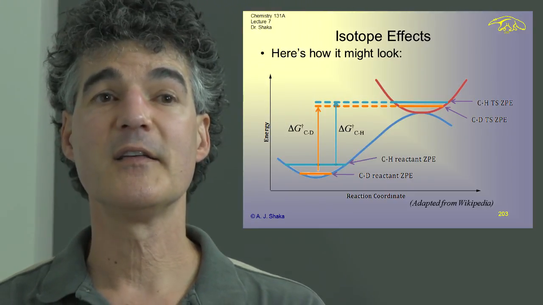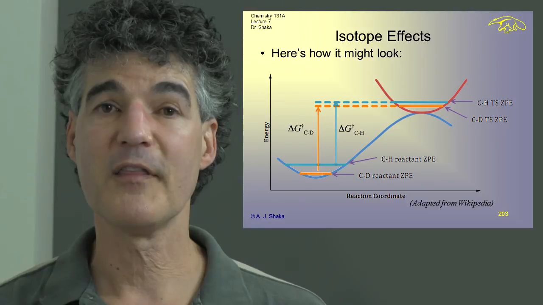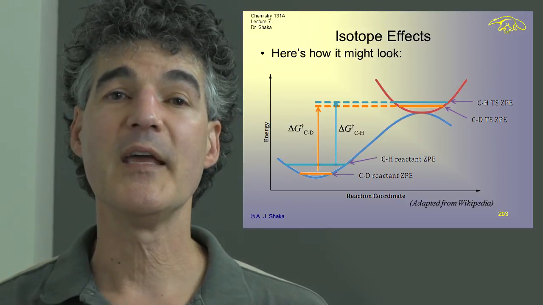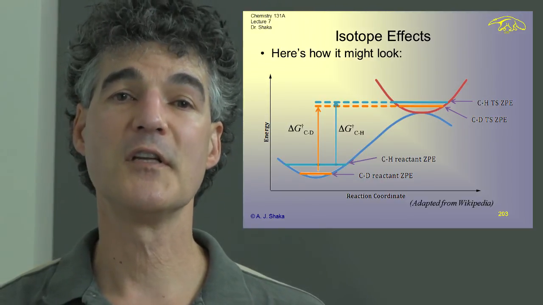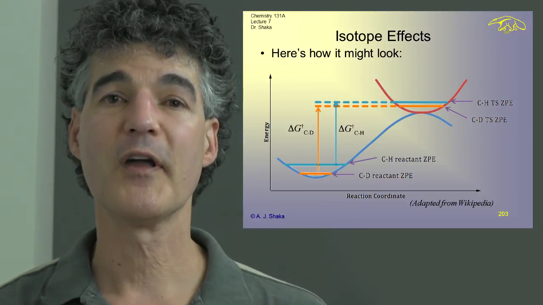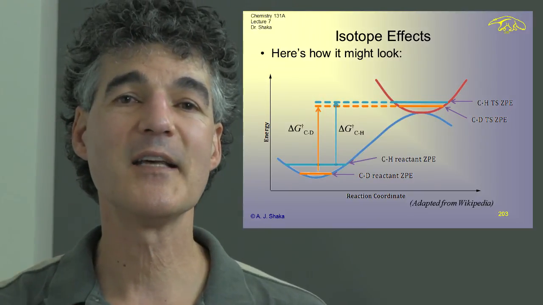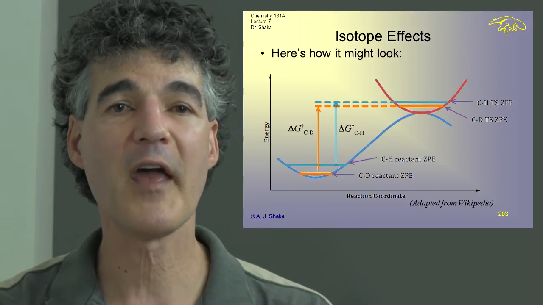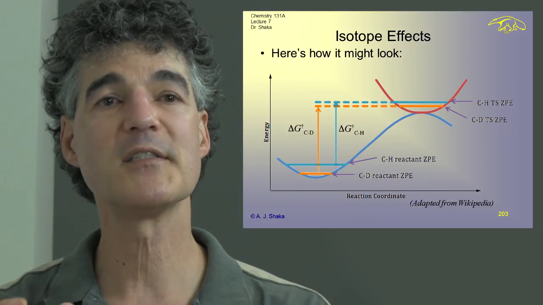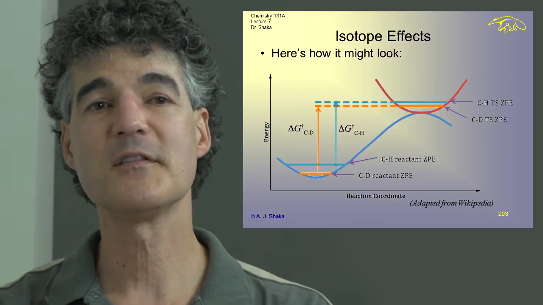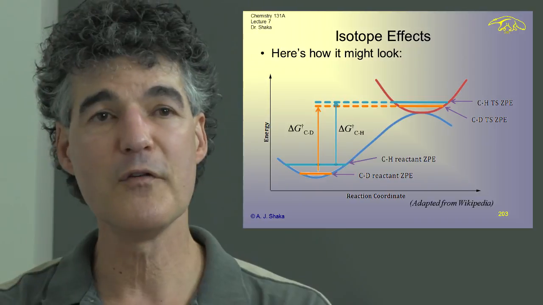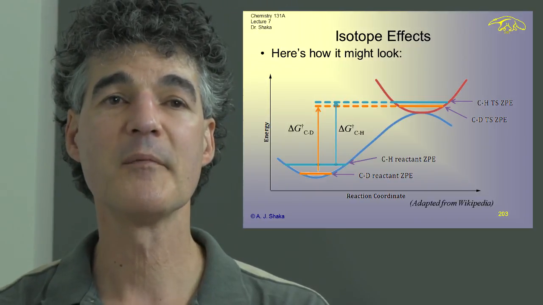In fact, this again seems like a very esoteric thing, but you would be amazed if you go to the enzymology literature and you look, how do I know if this enzyme is breaking this bond or that bond, or what is the rate limiting step for the synthesis of cholesterol or the removal of something from the body?